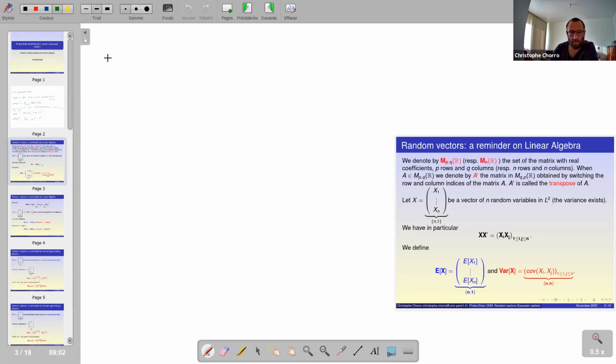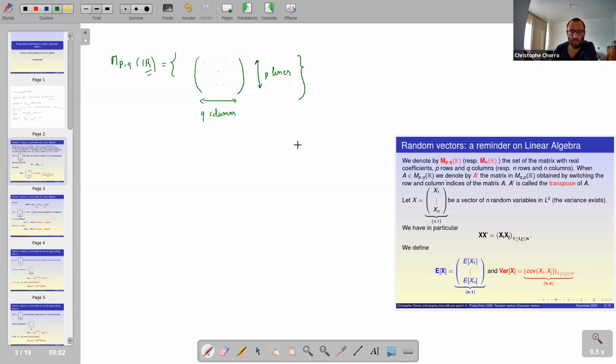What I denote by M_{P,Q}(R) is in fact the set of matrices with P lines and Q columns, with real numbers inside.